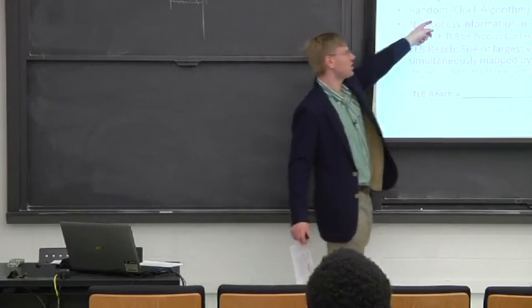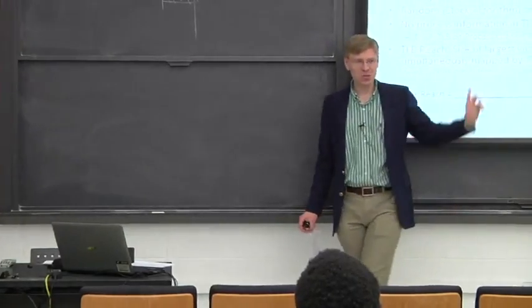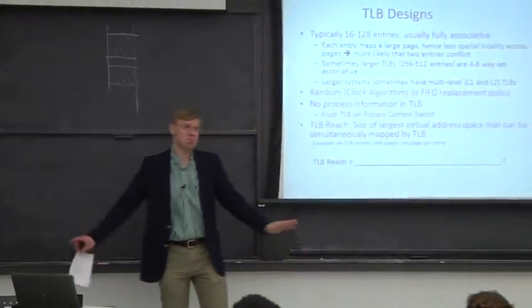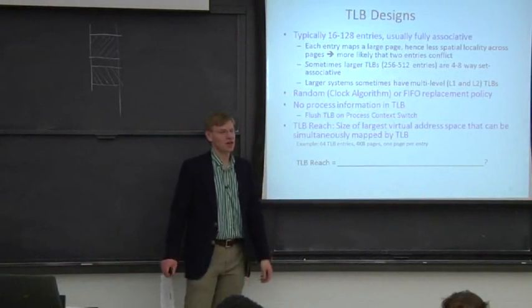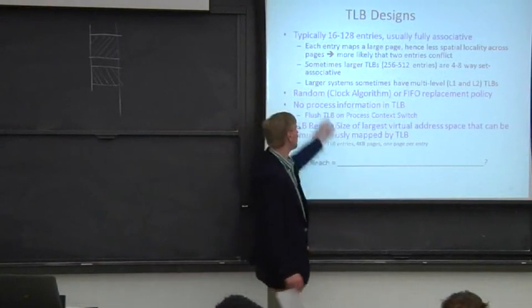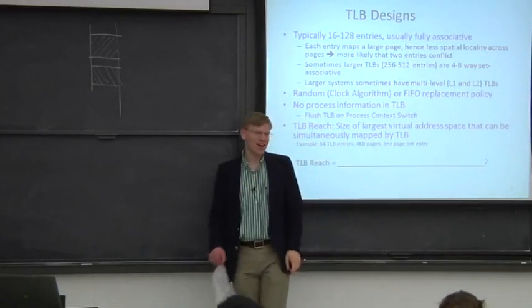But from a replacement perspective, people have tried lots of different things. Something that works surprisingly well is just random. You randomly choose an entry, kick something out, and replace it. Random is actually hard to do sometimes, believe it or not.